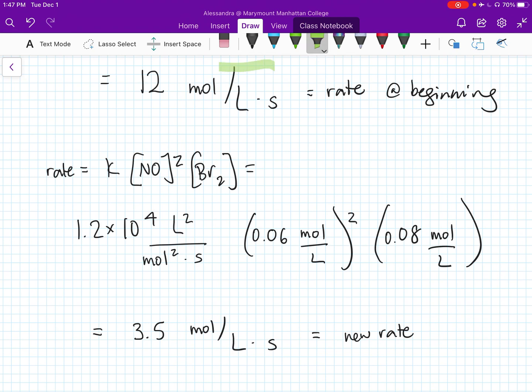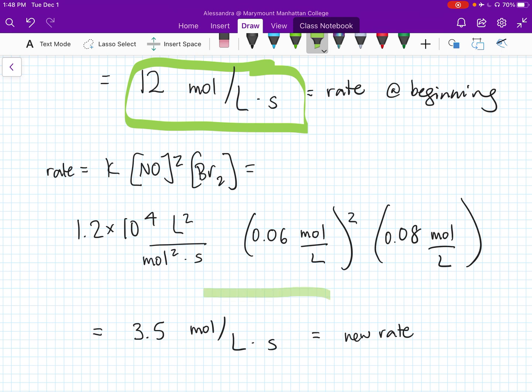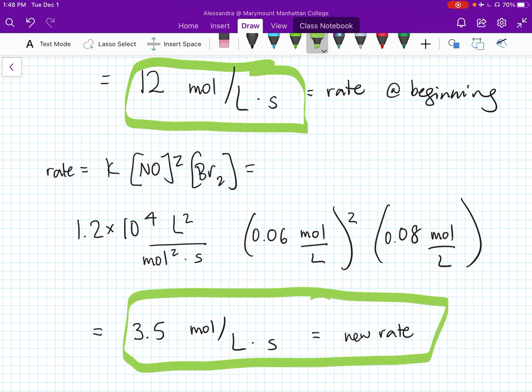The rate at the beginning is really fast, but then the rate slows down as the reaction progresses. You can see here how the reaction rate has decreased really substantially from the start of this experiment. It started out at 12 moles per liter second, and after only 0.02 moles per liter of the bromine gets consumed, it already has dropped to 3.5 moles per liter second. So you can see that there is a dramatic reduction in the reaction rate.